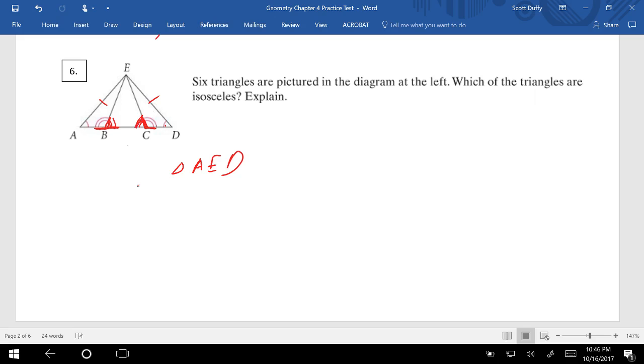And if these two angles are equal, then these two sides are equal, which makes this triangle EBC isosceles. And that is it.